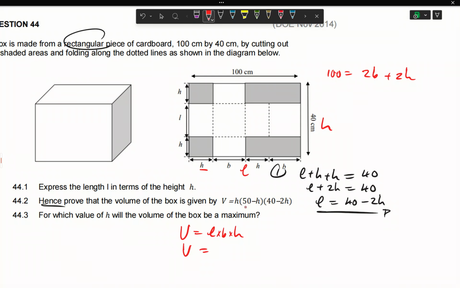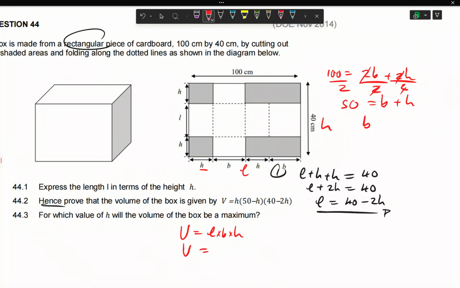They say that in order for us to get 50, remember we have 40 minus 2h. In order for us to get to 50 minus h, it means from the 100, we are dividing by 2. So now let's divide by 2, divide by 2, divide by 2, the 2 cancels. So you have 50, which is equal to b plus h.